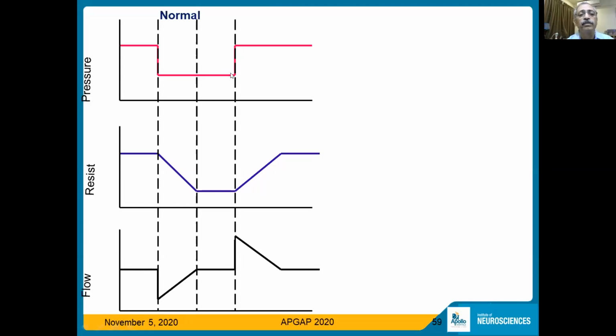And once the pressure is restored to normal, there is a slight increase in the flow before the autoregulation comes into play, and then the flow comes back to normal.